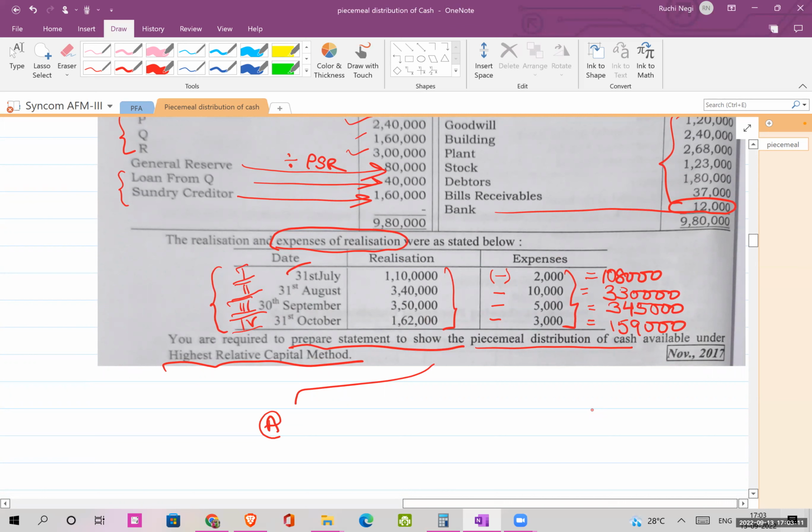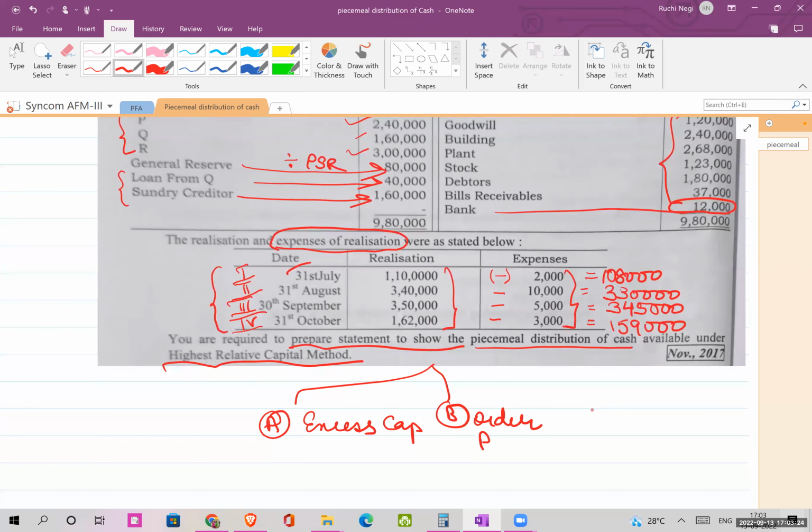First, you will make your statement of excess capital. Then your statement of priority order, which you also call order of payment. And third, I'm going to make my statement of piecemeal distribution of cash.